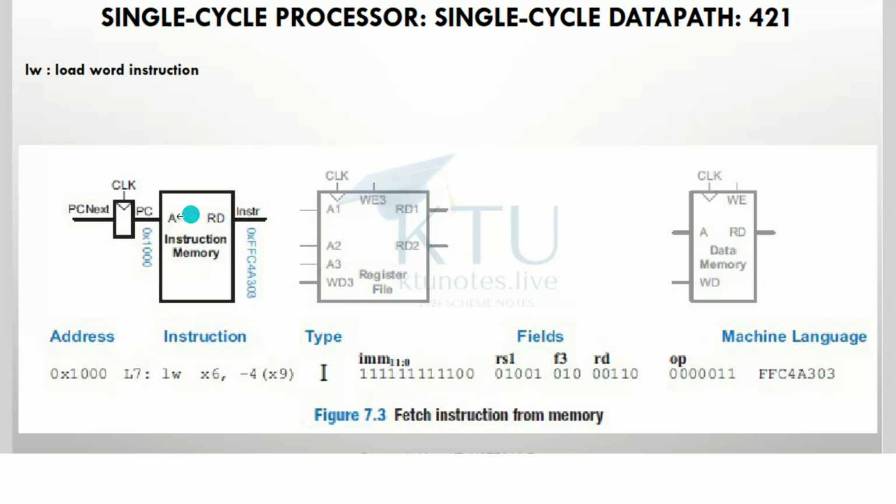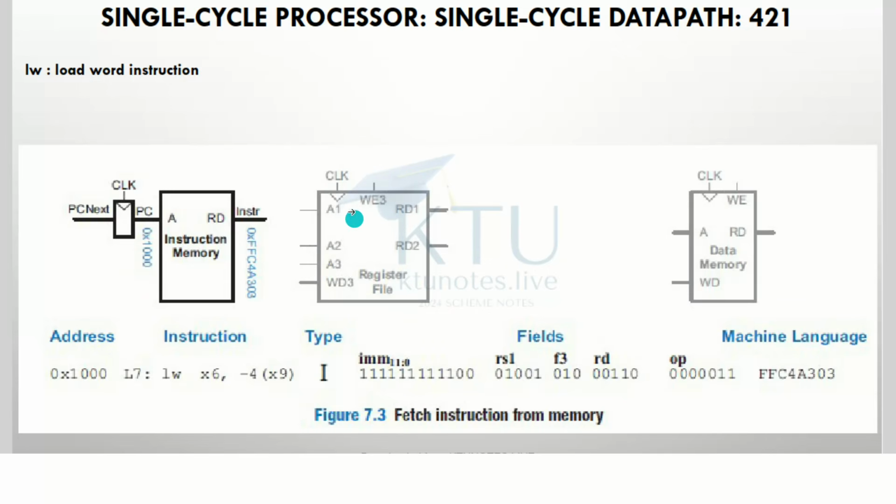In instruction memory, the input address comes through A, and the instruction, which is in machine language form, goes out through RD. The address of the instruction is given by the PC, and then the instruction is given out by the instruction memory.